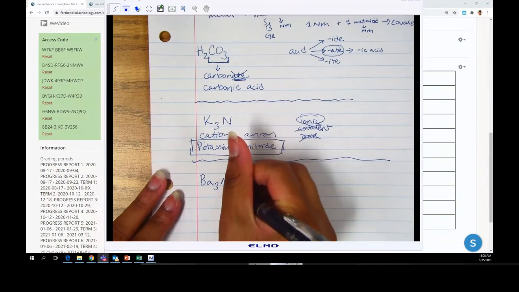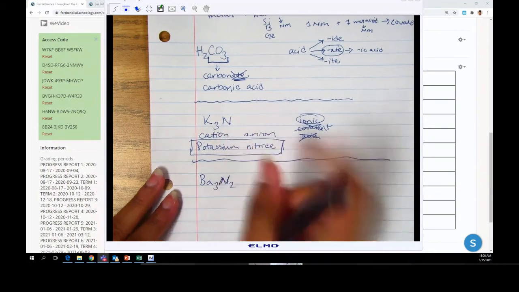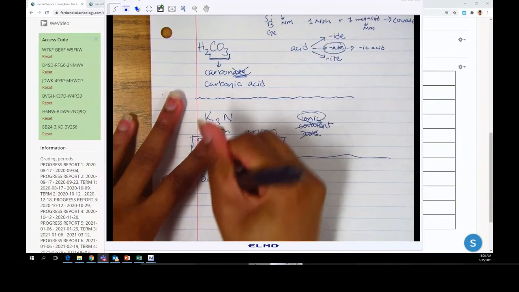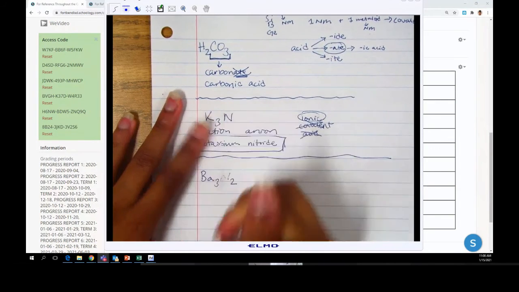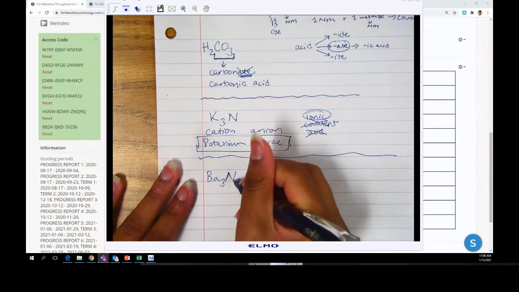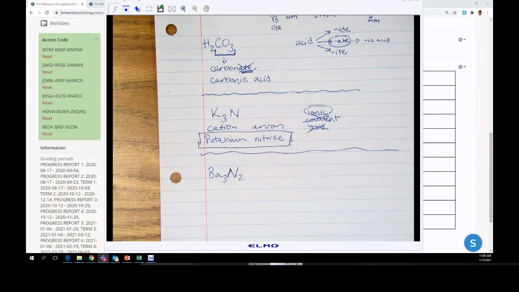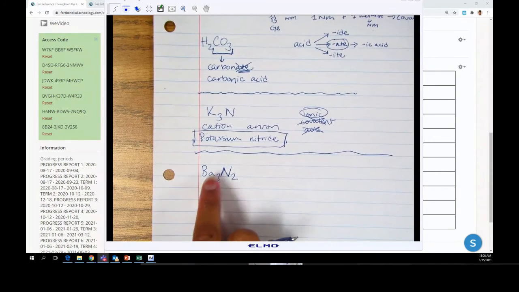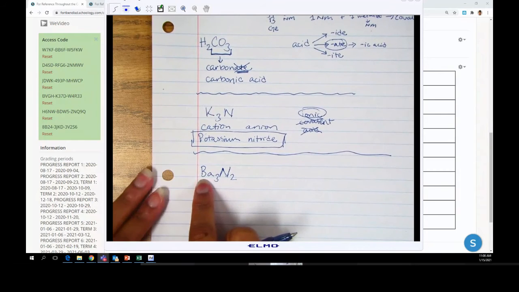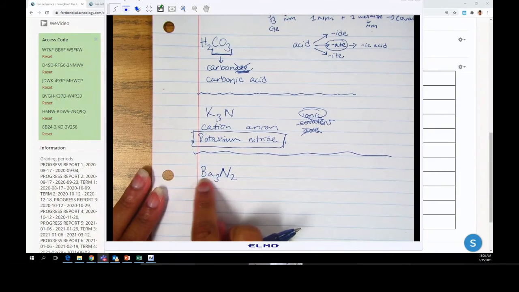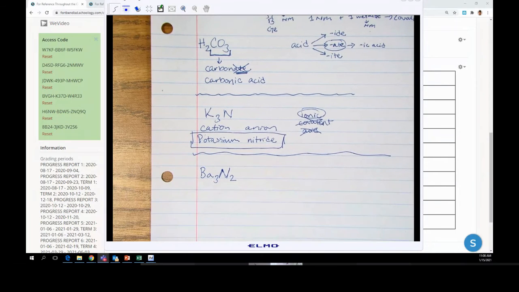I've had some students, if you're ever unsure of an element, like barium, for example, is not one that we see all the time. If you're unsure if it's a metal or a non-metal, check on it, right? Go to your periodic table.